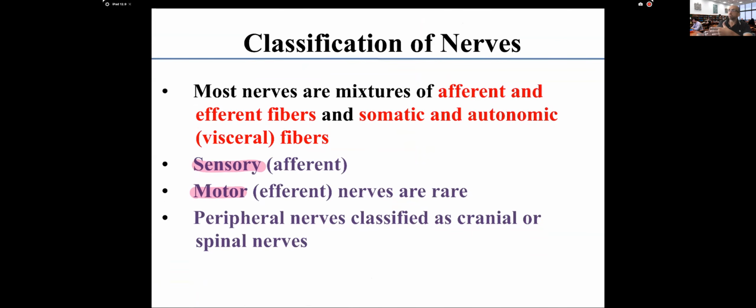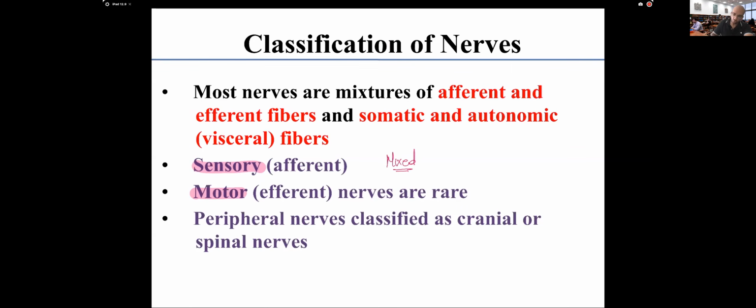And some nerves are going to be carrying both types of signals, both afferent and efferent, sensory and motor. So we call those mixed nerves. So again, we have three types of nerves according to the type of signals they are conducting: either sensory, pure motor, or mixed nerves.